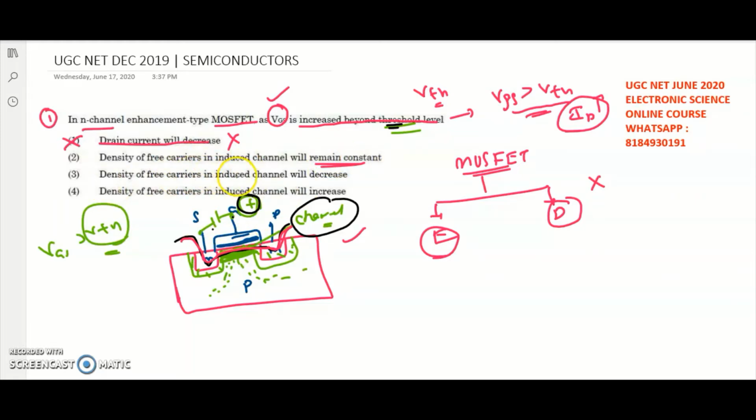The next option: the density of free carriers in the induced channel will decrease. No, it will not decrease actually. The density of the charge carriers in the induced channel will increase, right? Because whenever VGS is greater than VTH, that means VGS is increased beyond the threshold voltage, the drain current will increase. The drain current increasing means the density of free carriers induced in the channel will increase, right? So it is the correct option.